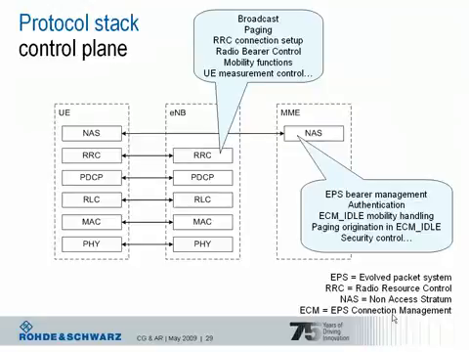So you also have for the control plane physical layer, MAC, RLC and PDCP, and on top on layer 3 you have the radio resource control for the control plane, which hosts significant functionality, for example broadcast of system information, initiating paging over the air interface, setting up the connections on RRC level, radio bearer control, so controlling all the radio bearer functionality over the air interface, releasing and establishing bearers, mobility functions like handover decisions, and UE measurement control, configuring measurement tasks for the UE and evaluating reports coming from the UE.